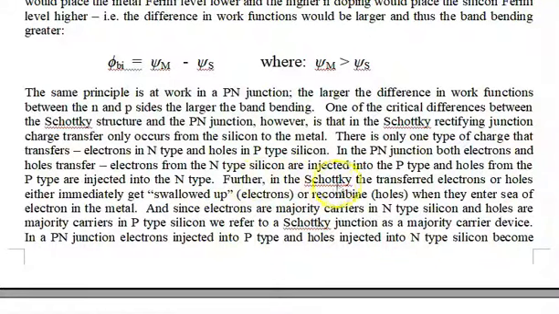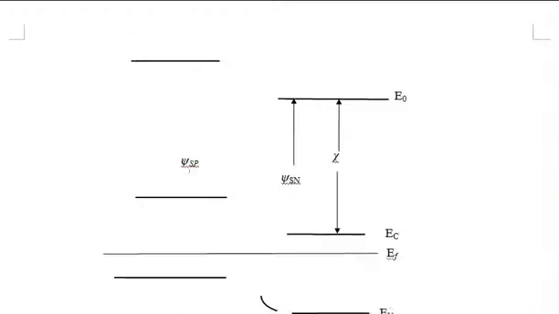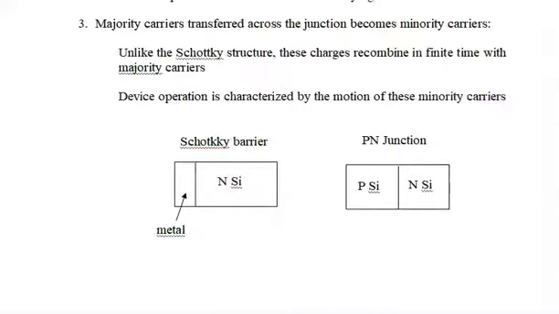In the Schottky barrier, the transferred electrons, the ones that go from the silicon into the metal, are gobbled up. They're swallowed up. They immediately go to the contact, and then, of course, the circuit goes around and around. Here, that doesn't happen. Let me just go back to page 2 here.